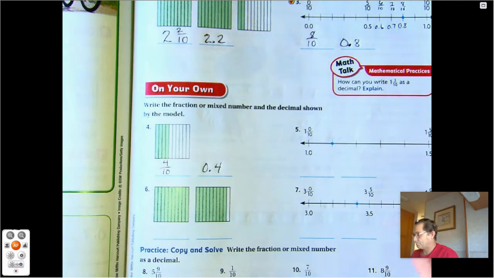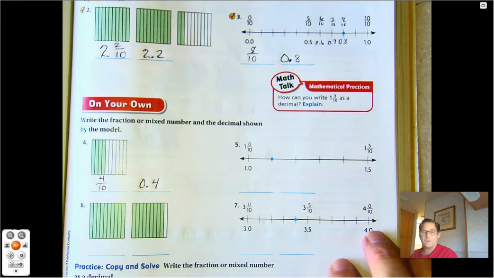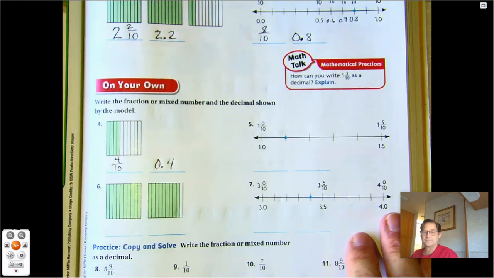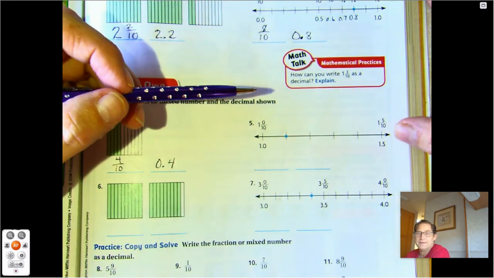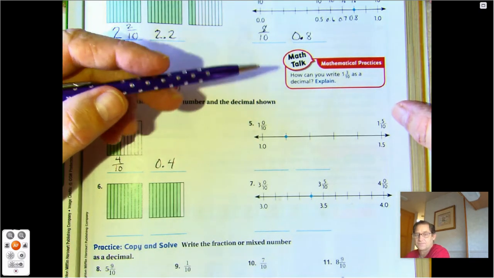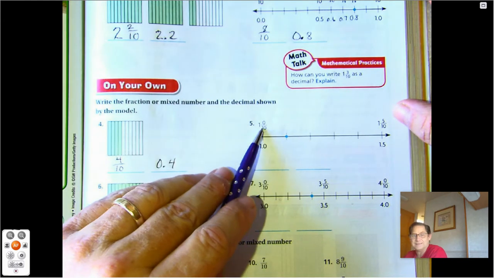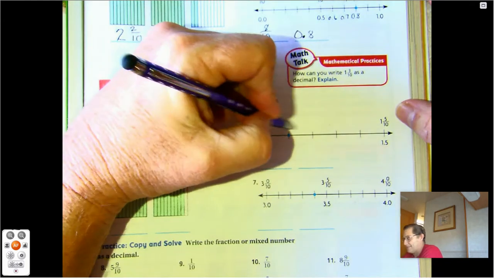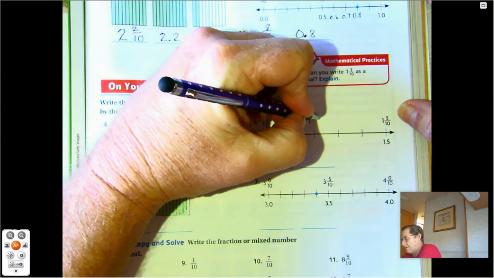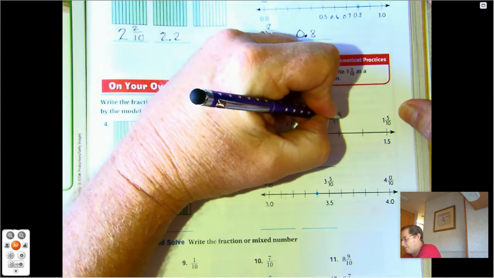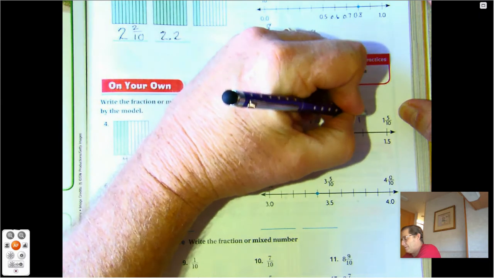All right, in this one, they stop the number line at 1 and 5/10. And this one is 1 and 0/10. So I know that each line is a tenth. 1 and 1/10, 1 and 2/10, 1 and 3/10, 1 and 4/10.